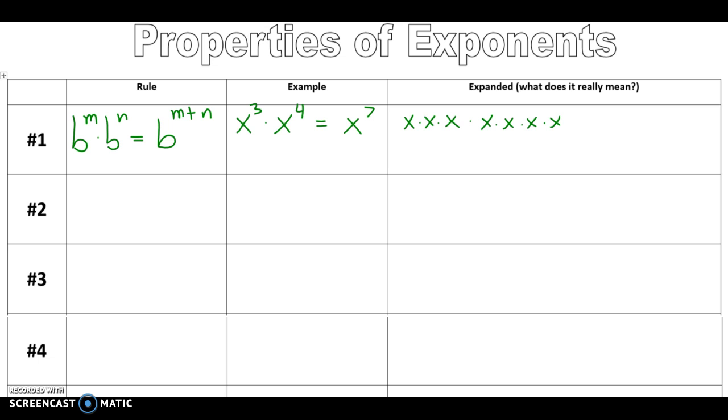Okay, I'm going to do one more of these real quick. Let's say I have 2 to the third times 2 to the 15th. It doesn't matter if it's an x or a 2 or a y or a 45, whatever the base is, does the base change?